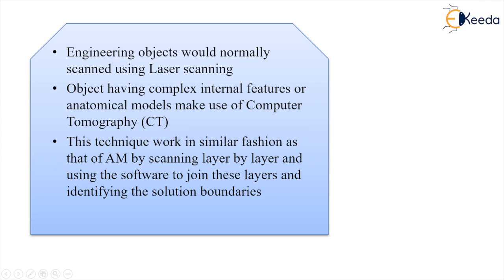Engineering objects would normally be scanned using laser scanning. For objects having complex internal features or anatomical models, we make use of CT, that is computed tomography. So where is computed tomography used? Where the object has complex internal features or is an anatomical model.